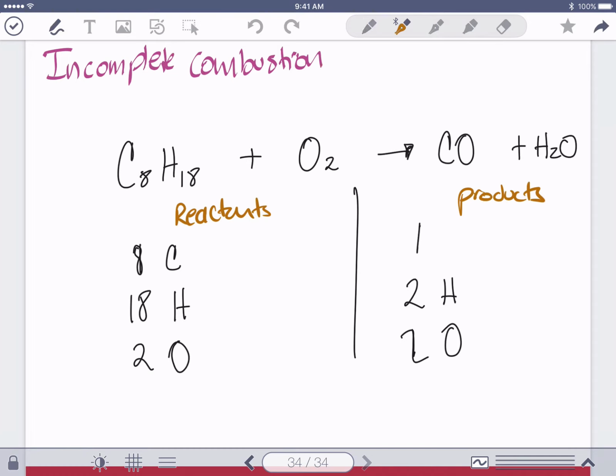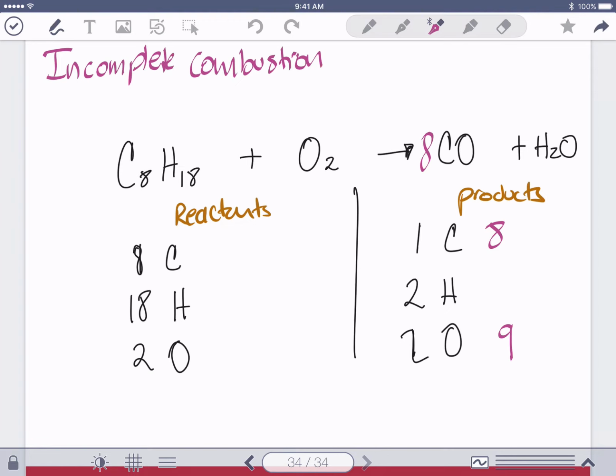So let's go ahead and say, well, what happens if I add the number 8 in front of my carbon monoxide? That is going to give me now a total number of 8 carbons and 9 oxygens, and I'm still short of hydrogen atoms.